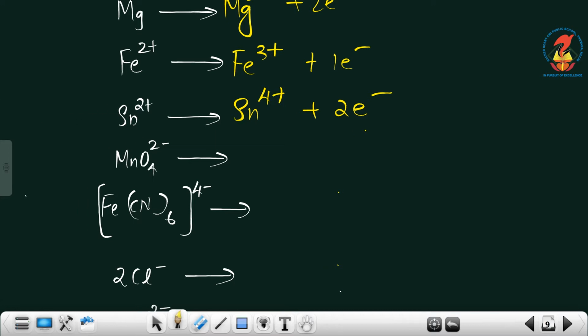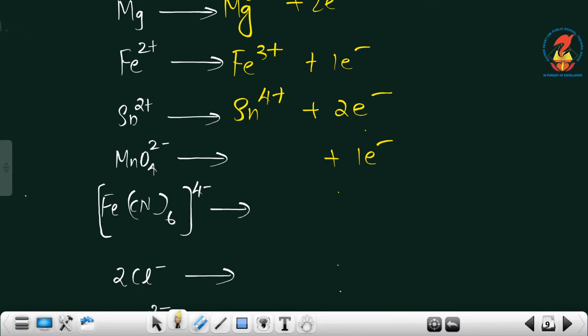Now, MnO4 2-, already it is 2-, with 2 negative charges. From MnO4 2-, if it is losing 1 electron, what happens to negative charge during oxidation or during losing of electron? There will be a decrease in negative charge. That means -2 will become -1, 0, etc. So, MnO4 2- has 2 extra negative charges.